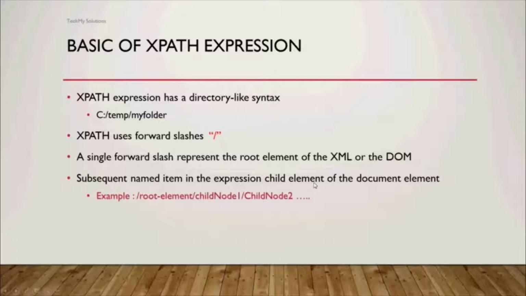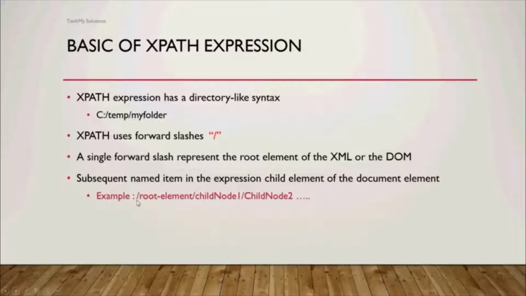For example, you want to reach a child element whose node name is child node 2. Now this child node 2 is a child of child node 1, which is a child of the parent, the root element. This is how you would write it in a normal XPath expression.